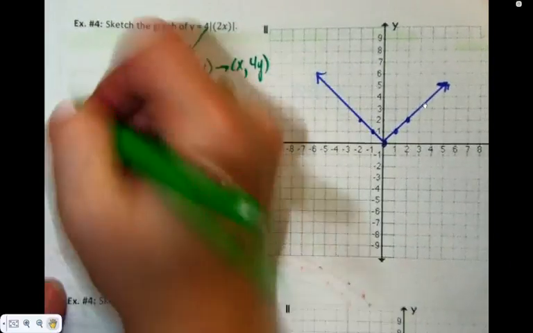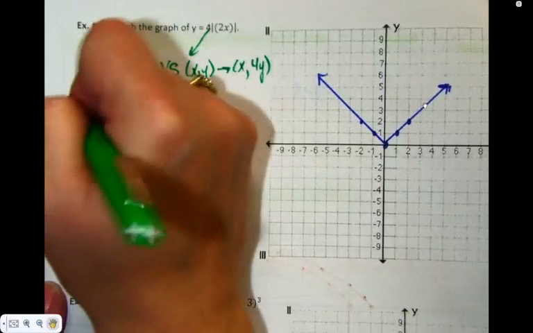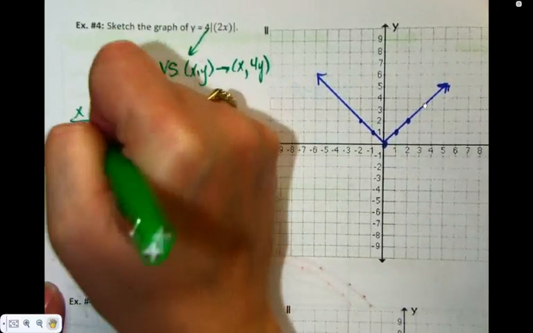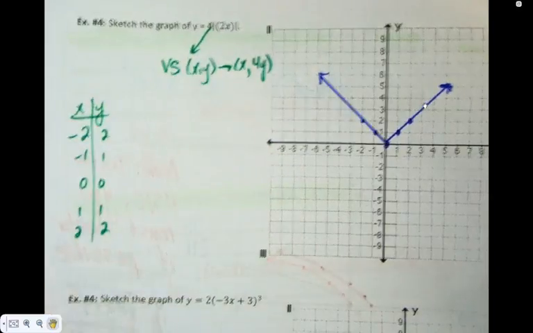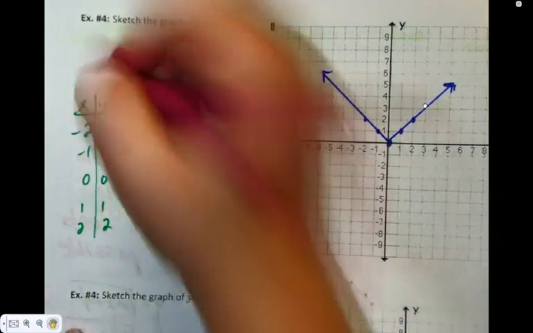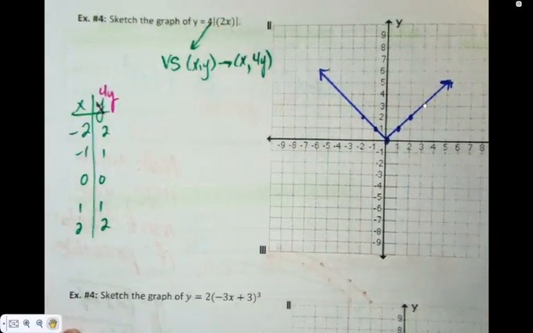Okay, I'm going to do it with the points this time just in case people like to do that. If you can work off the graph, then go and work off the graph. So I'm going to take the y's and multiply them by 4.